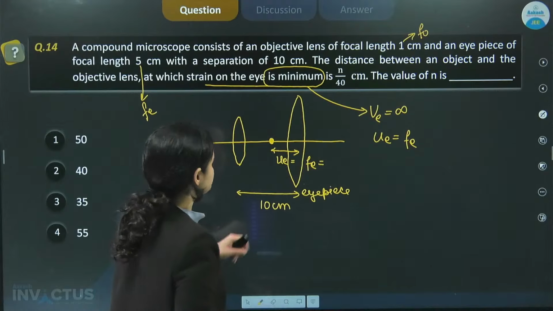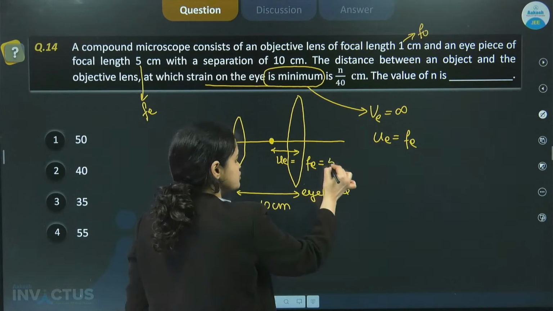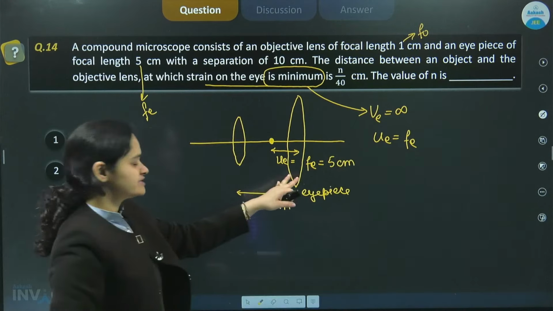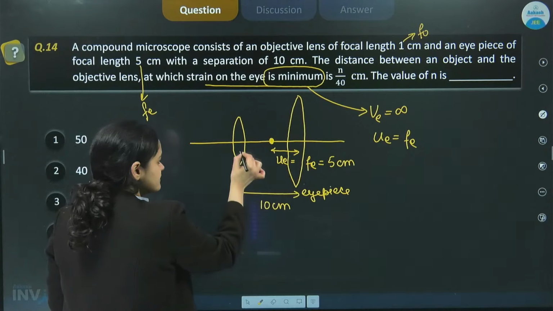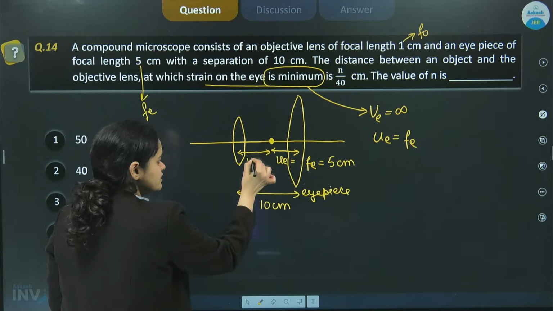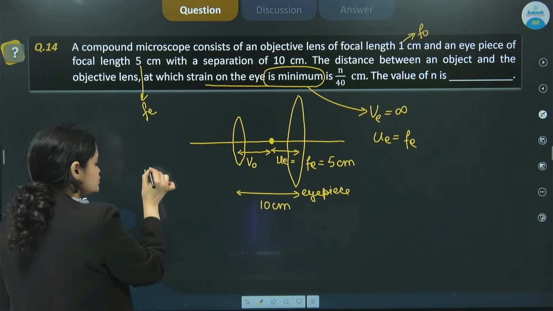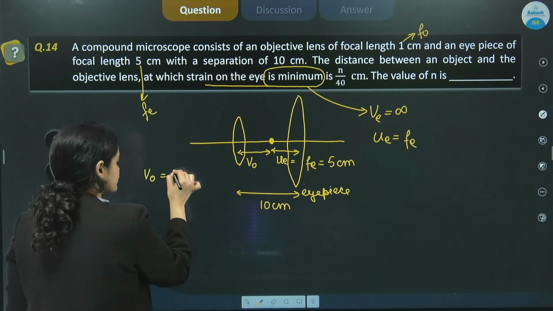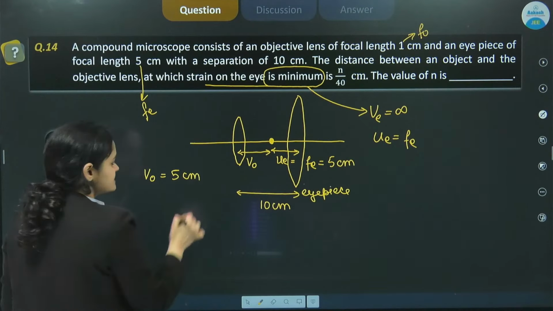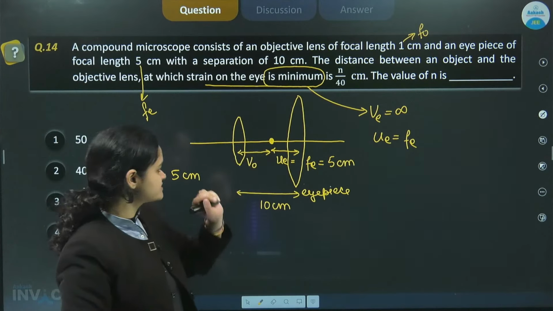So this is going to be at 5 centimeter that is given to us. Okay, so using this information we got an idea कि जो image बनेगी VO उसकी value पता चल गई 10 minus 5. Alright. So VO will have a magnitude of 10 minus 5, that is 5 centimeters. Alright, this is what we get.